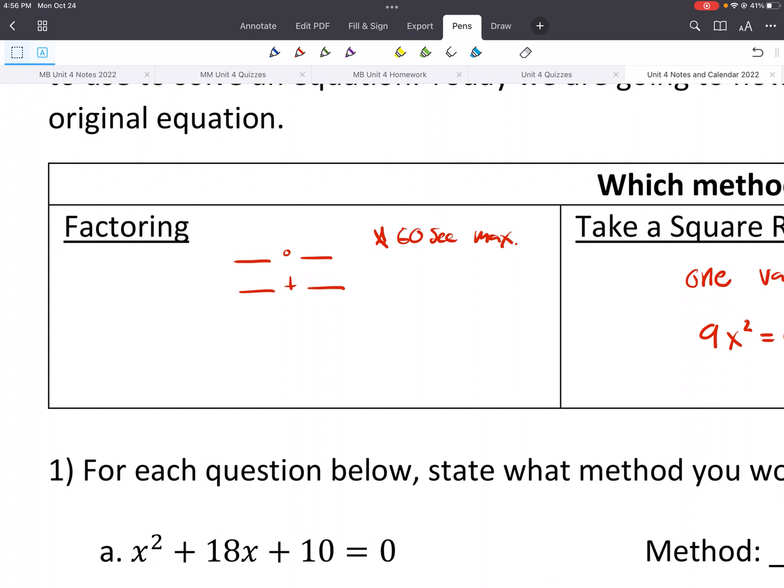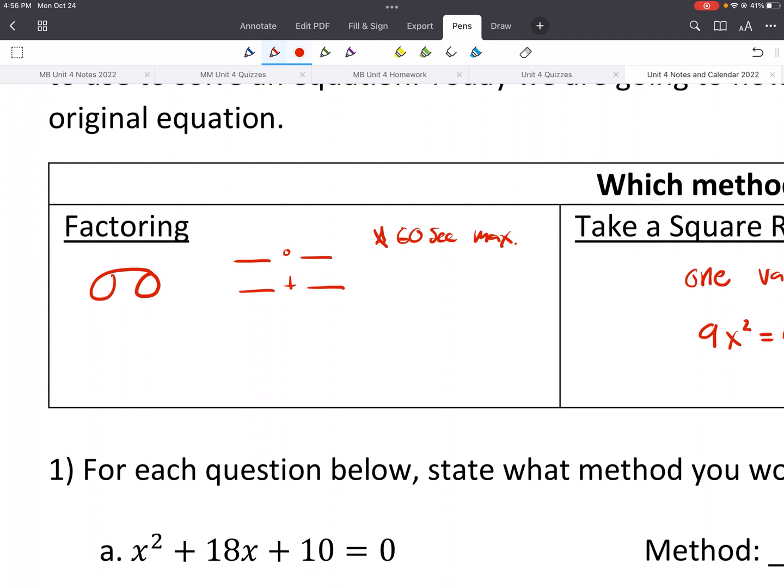That's like after we do the glasses, so maybe I'll draw that just to remind you. Do not spend more than 60 seconds trying to find the two things that multiply and add, because chances are it's not factorable, and I don't want you to spend 10 or 30 minutes trying to do a problem that you have to solve a different way.